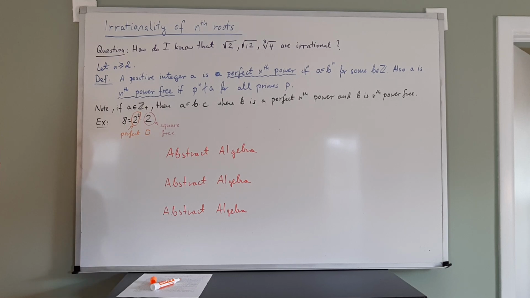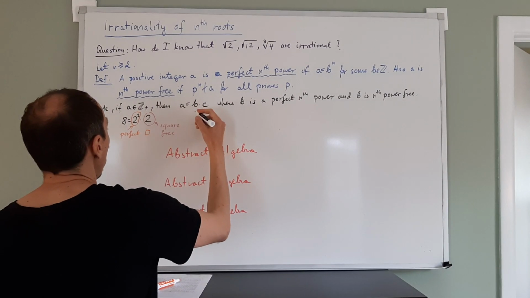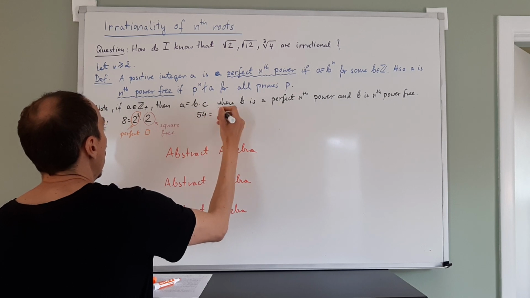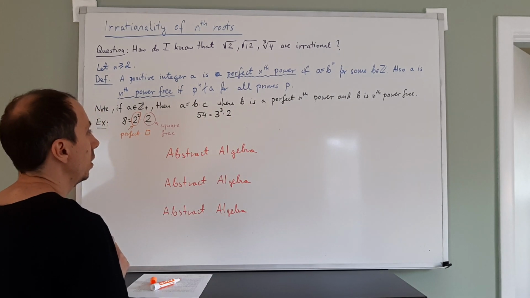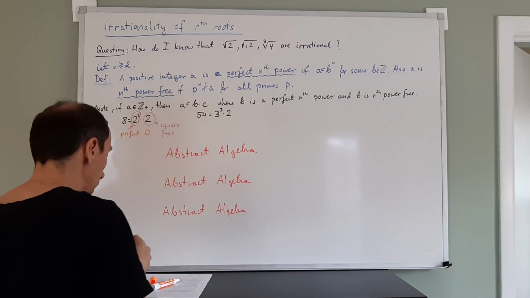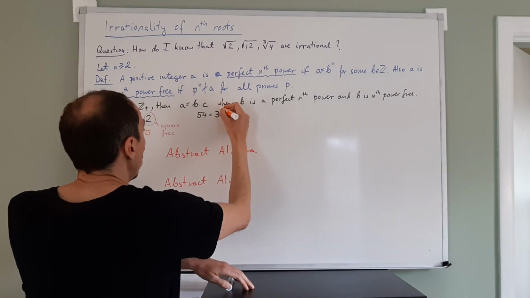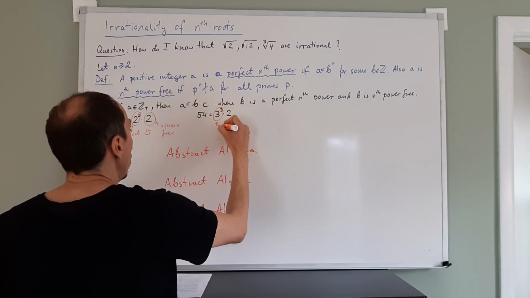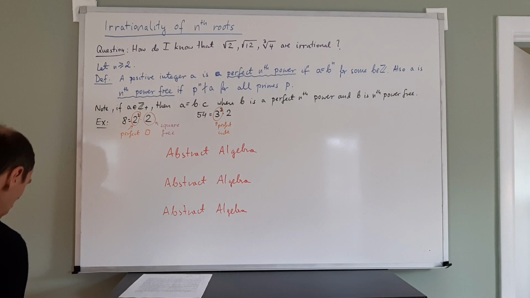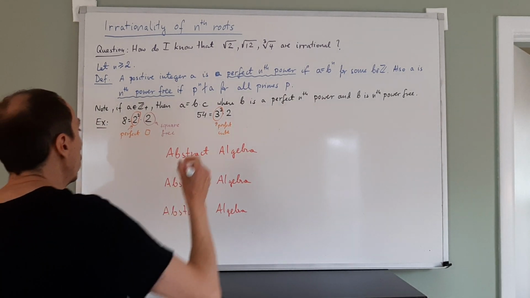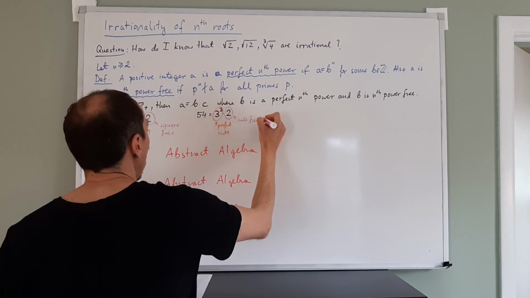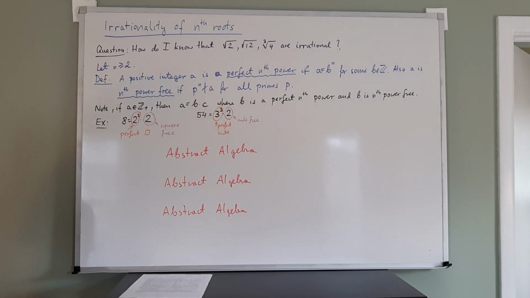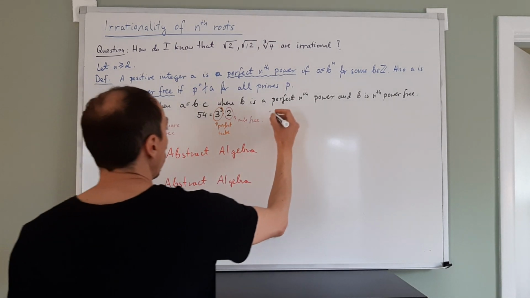Or another example, I could take 54 and I can write it as 3 cubed times 2. I hope that's right. 27 times 2, that's 54. And now you see this is a perfect cube, while the other factor is cube free. Okay, if I do twice that, I will get 108.